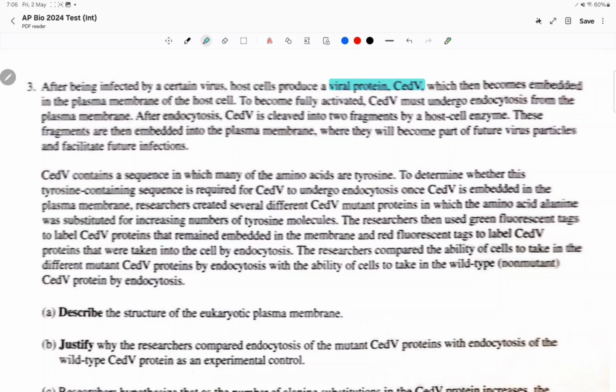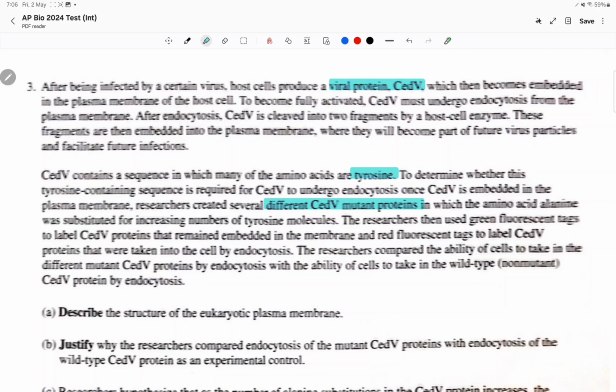SEDV contains a sequence in which many of the amino acids are tyrosine. To determine whether this tyrosine-containing sequence is required for SEDV to undergo endocytosis once SEDV is embedded in the plasma membrane, researchers created several different SEDV mutant proteins, where the amino acid alanine was substituted for increasing numbers of tyrosine molecules.